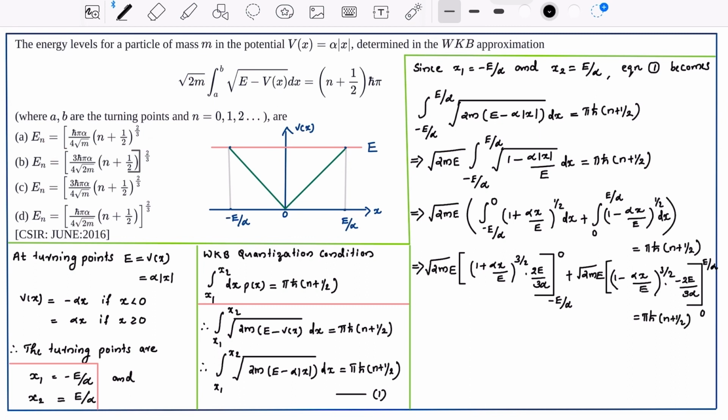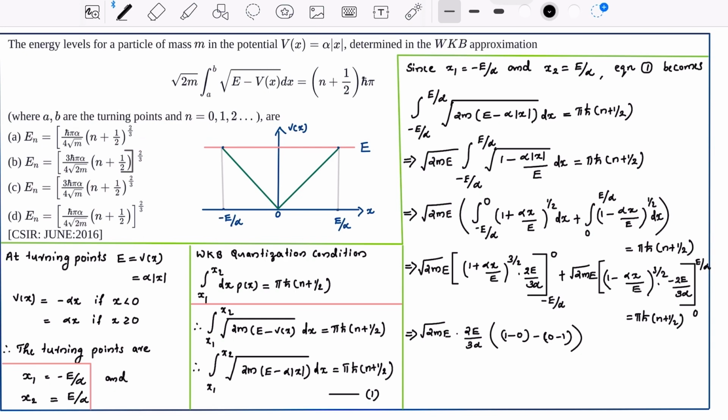Now this is equal to square root of 2mE. Now let us apply the limit. We can take square root of 2mE into 2E by 3 alpha outside the bracket. Now the first integral becomes 1 minus 0 and the second integral becomes minus 0 minus 1.